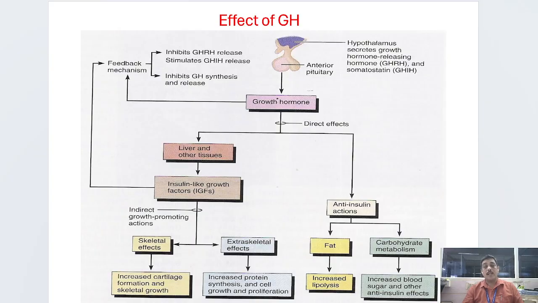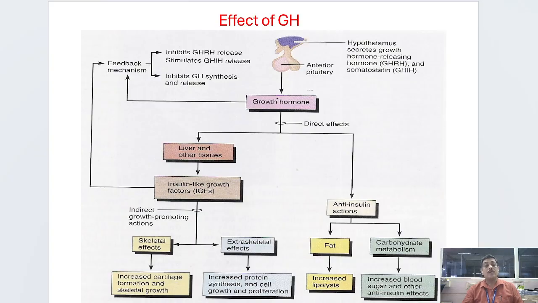Apart from that, it also affects fat metabolism, increasing lipolysis so that energy can be acquired through the degradation of lipids. This is called the direct effect, and it also acts on the liver and other tissues to induce secretion of insulin-like growth factor.